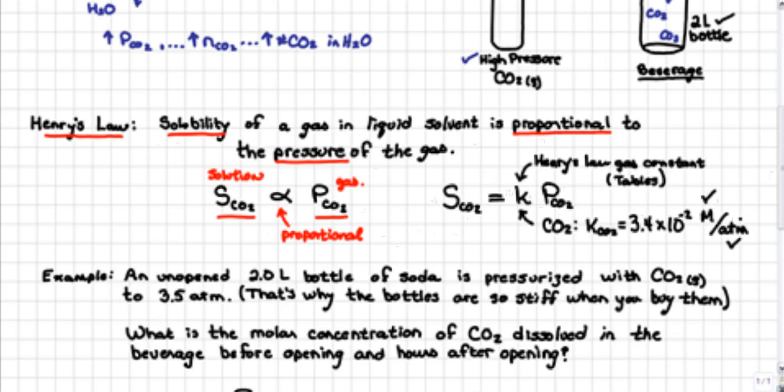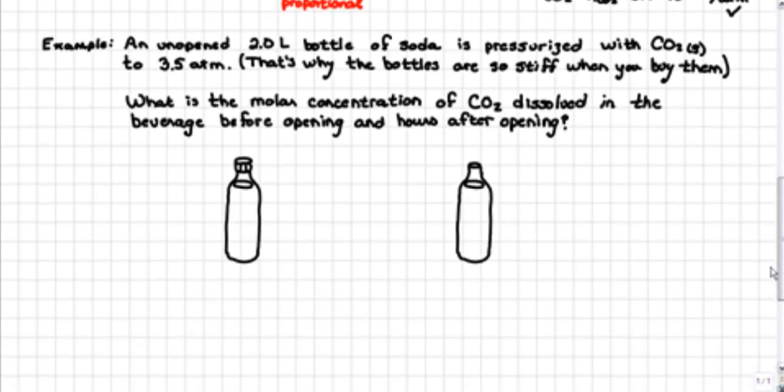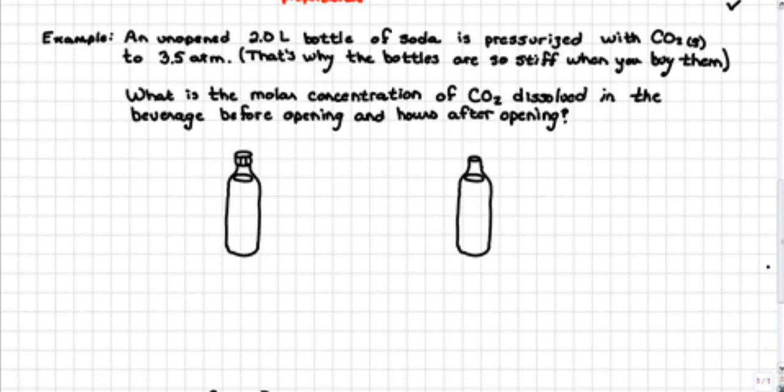An example, I think, will help demonstrate how one uses Henry's law to determine some rather interesting characteristics of the soda that we just talked about. In this example, we're considering an unopened 2-liter bottle of soda that is pressurized with carbon dioxide to the tune of 3.5 atmospheres.